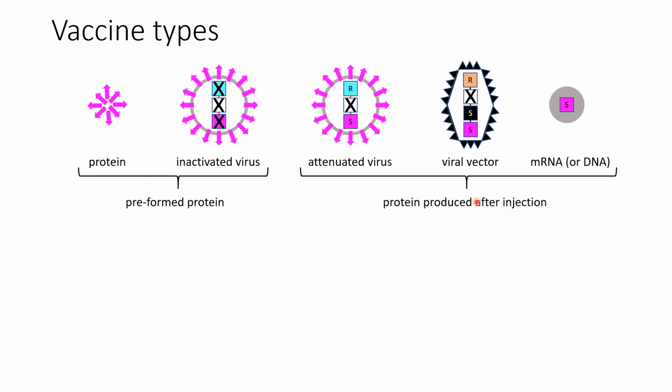But I just wanted to make that distinction so people are aware of it. In any case, the end result of administering any of these is to make protein for the immunogen of interest. In the case of SARS-CoV-2, it would be the spike protein.